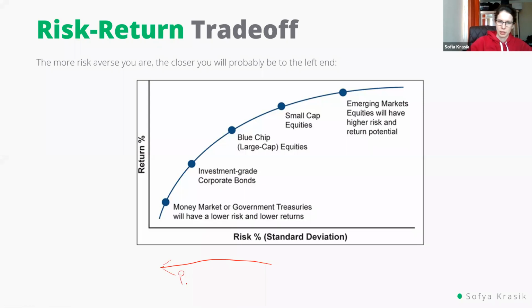So the closer you are to the left, the more bonds in your portfolio probably are, and the closer you are to the right, the more risk-taking person you are, the more shares will probably be in your portfolio.